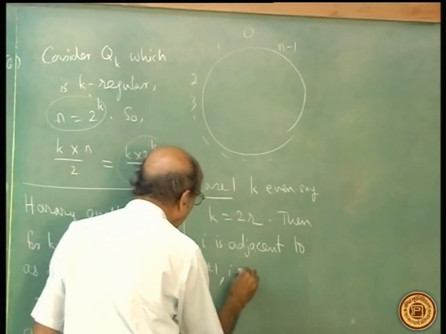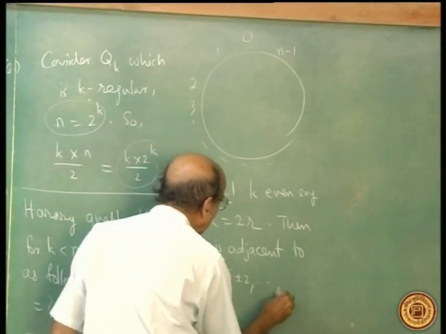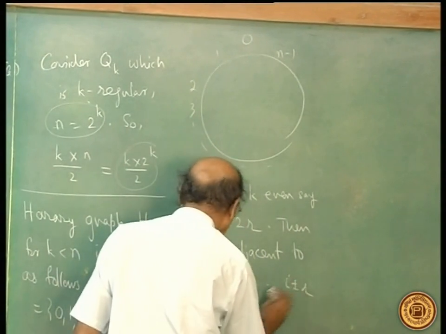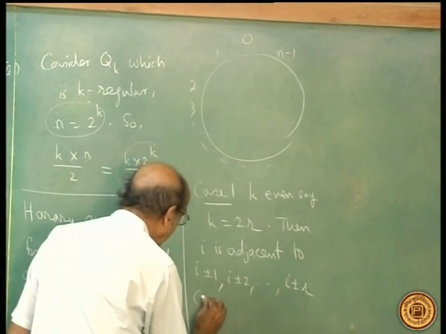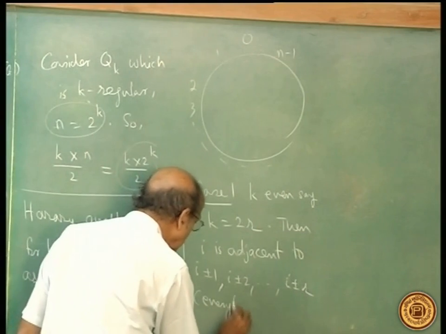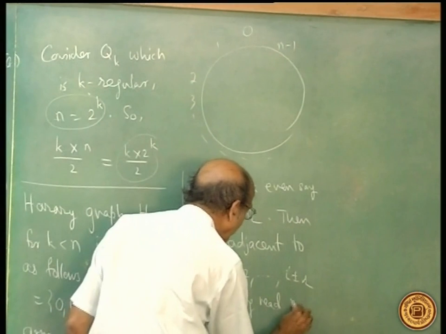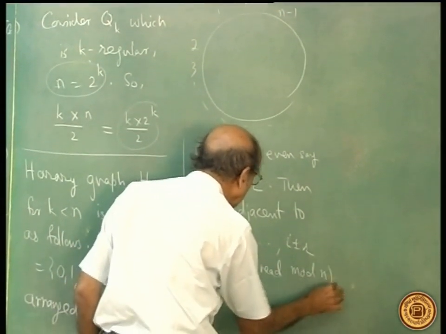So i is adjacent to i plus or minus 1, i plus or minus 2, up to i plus or minus r, everything mod n.